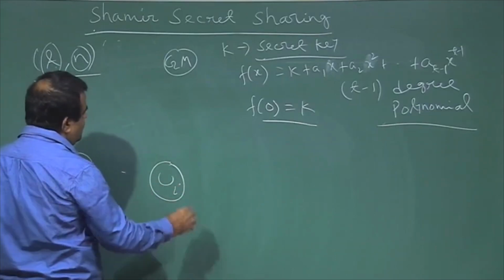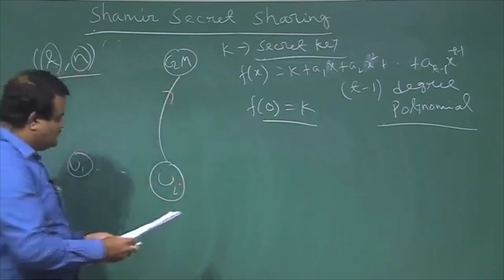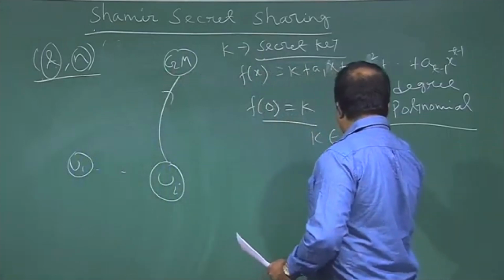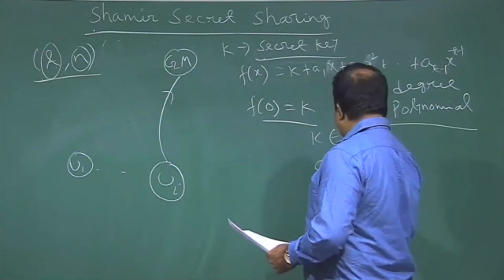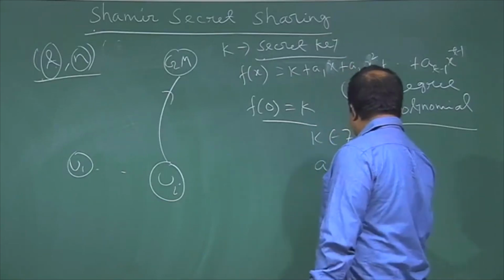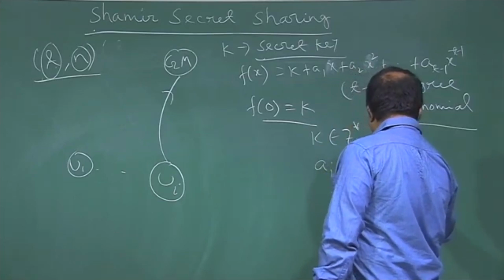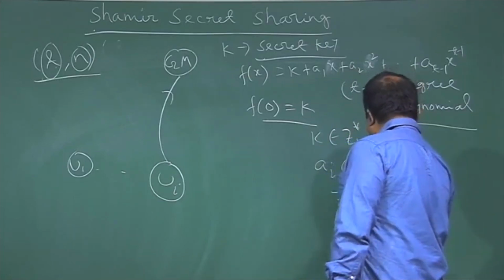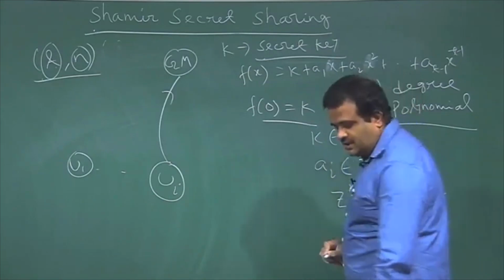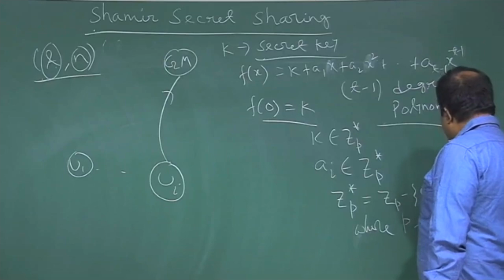What will be the share of ui? The key and these ai's are coming from Zp star, where p is a prime. Zp star is basically Zp minus 0, where p is a prime. Zp star is a cyclic group under the multiplicative operation.